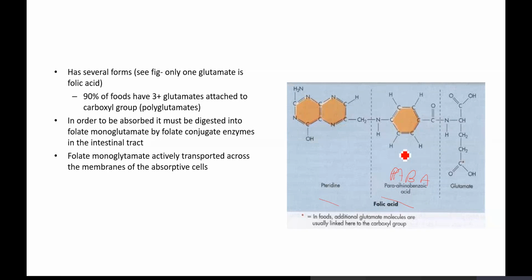Folic acid mostly has only one glutamic acid residue, and is known as pteroyl glutamic acid, PGA.